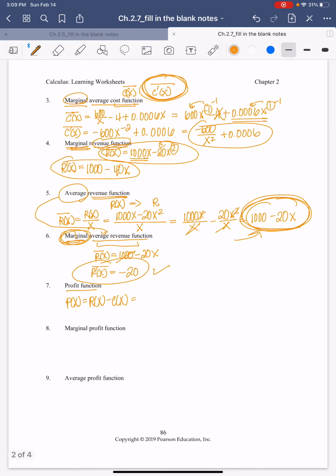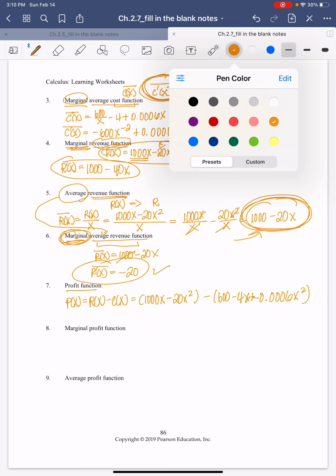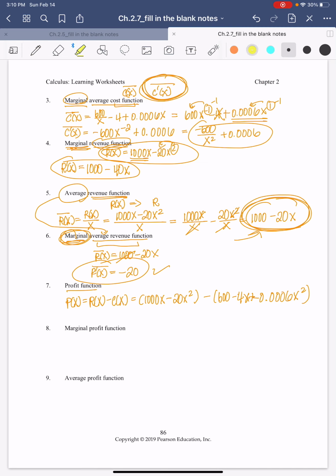Revenue was 1000x minus 20x squared. Cost function was 600 minus 4x plus 0.0006x squared. These were given, right? The cost function was the yellow function, and then revenue was the blue function.